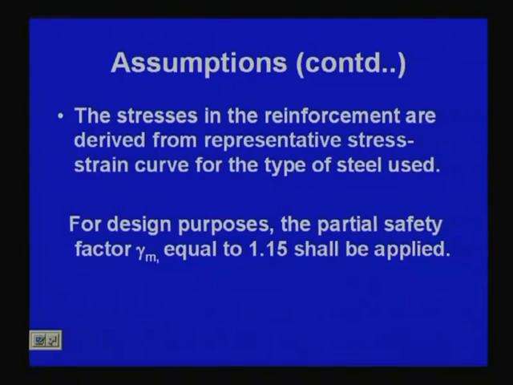The next assumption: the stresses in the reinforcement are derived from a representative stress strain curve for the type of steel used. So, the stress strain curve for steel, that also you have to consider. I shall show you a graph. For design purposes, the partial safety factor gamma m for steel we consider 1.15.